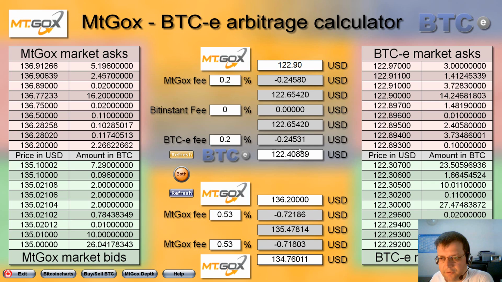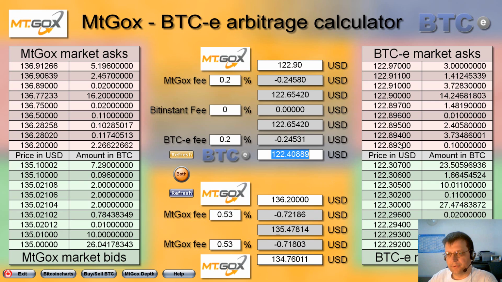So if I sell for $122.90, I can buy back if the price hits 122.40, because at this price level I will exactly get my 1 Bitcoin back. But if the price falls below this level, I will be able to make some profit, because I bought it back cheaper.